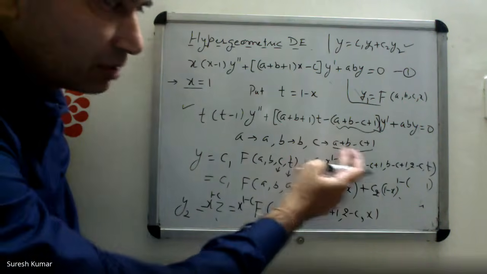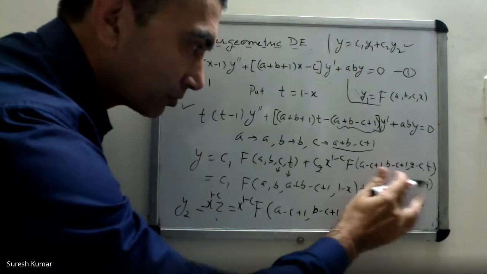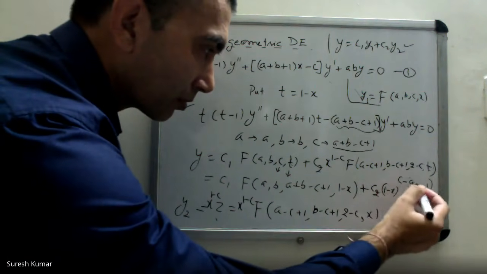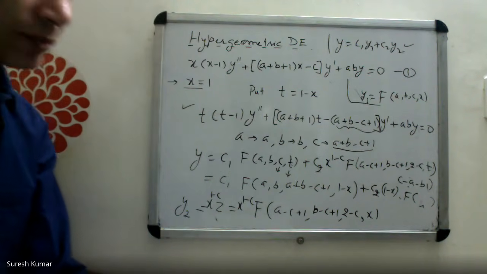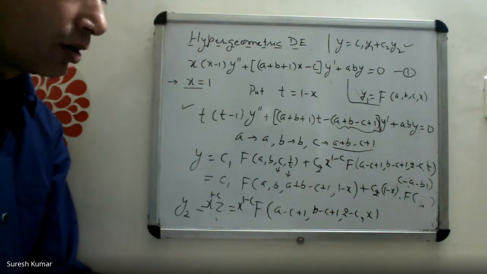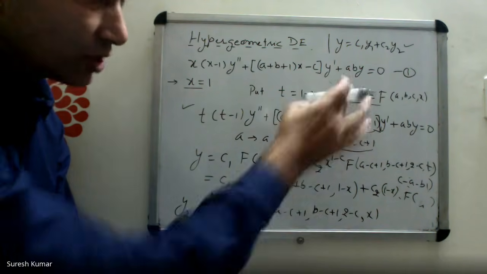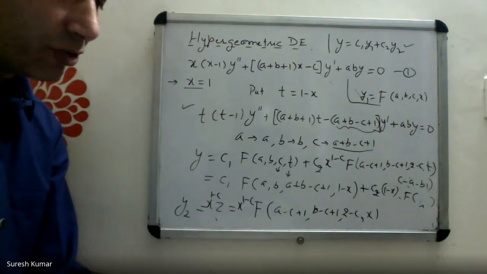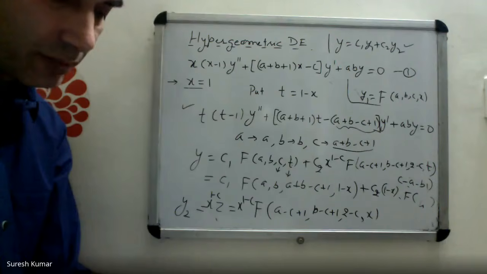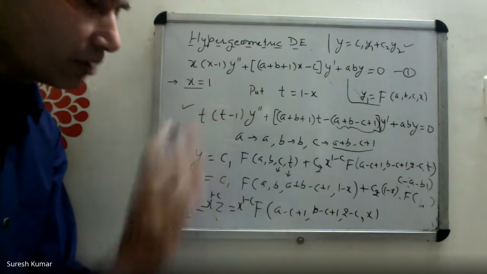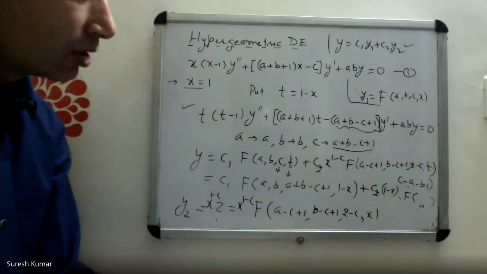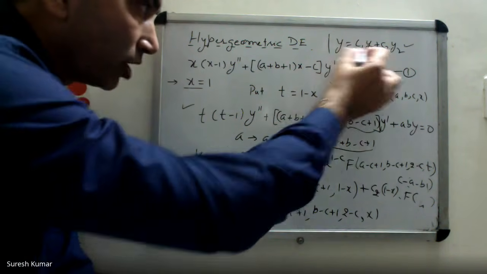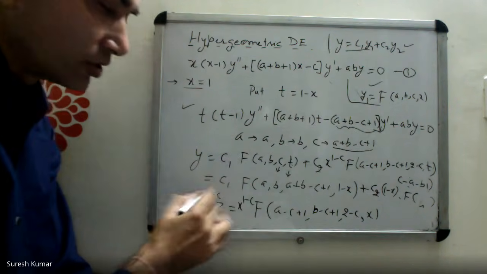So you'll get c minus a minus b. Correct? Okay, so you just have to follow the general formula for the solution. You should be able to identify the hypergeometric equation and its constants. After that, you can follow the general formula where y1 is this, y2 is this.